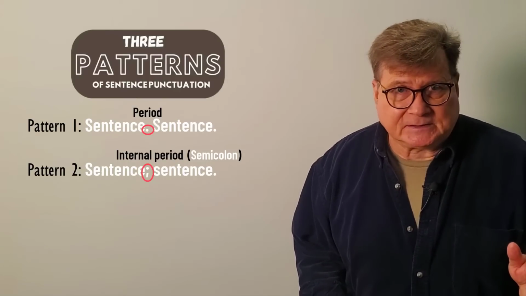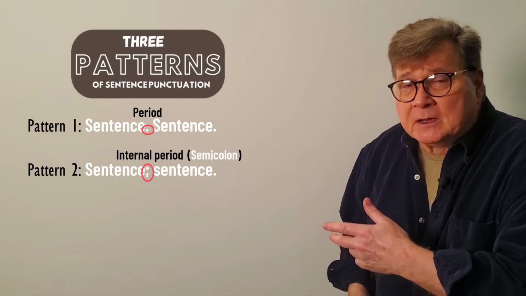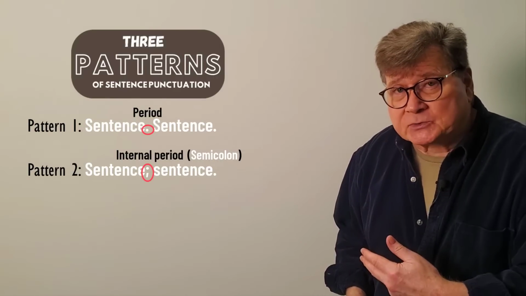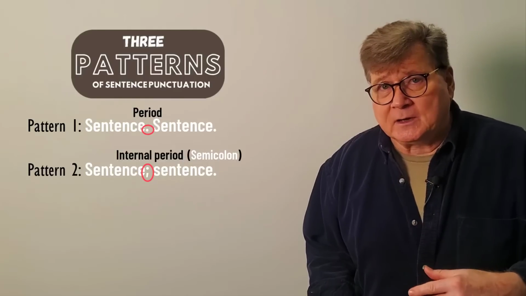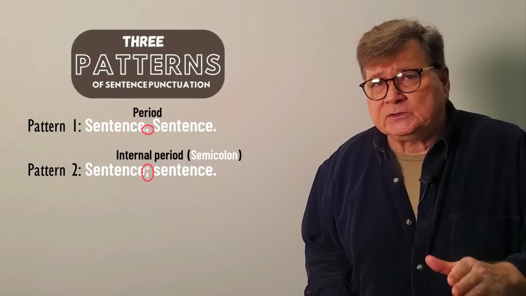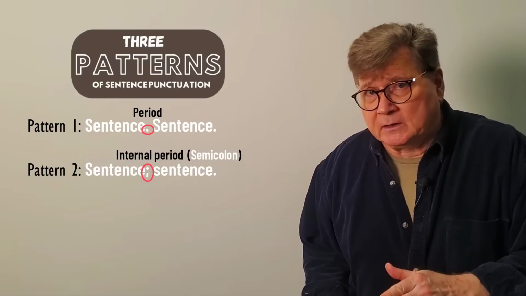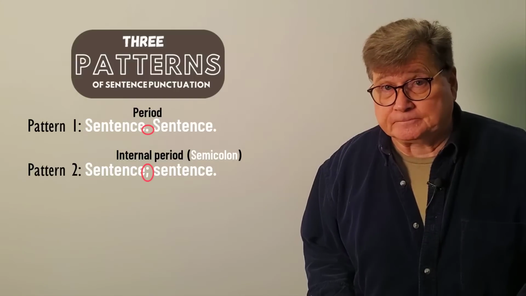This is a sentence. Now I want you to notice that the only difference between these two, the first punctuation and the second punctuation, is the lack of a capital letter in the second one. That is the only difference between using a period and a semicolon. They both have the same exact function.